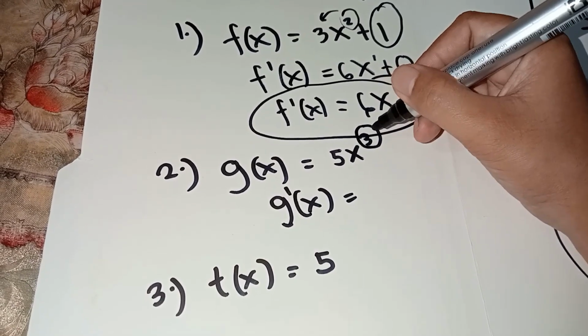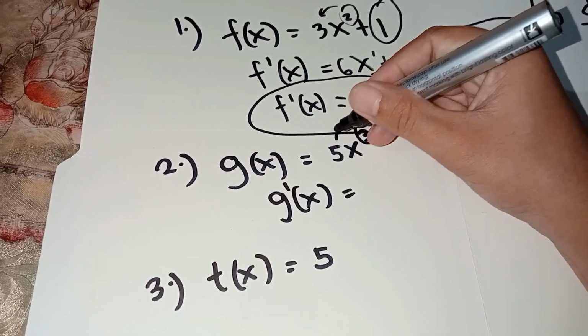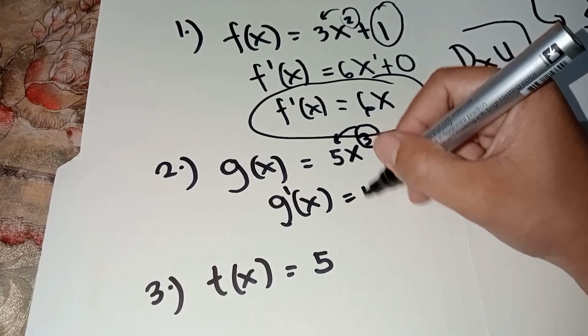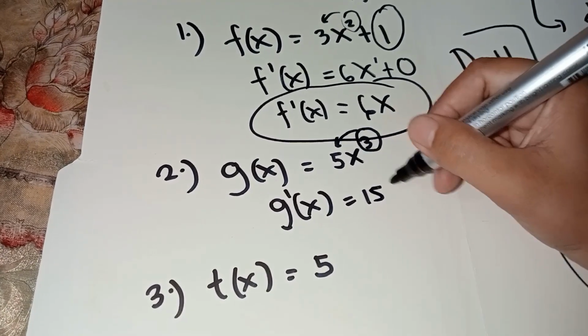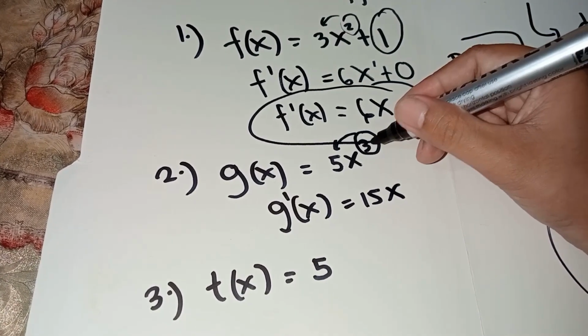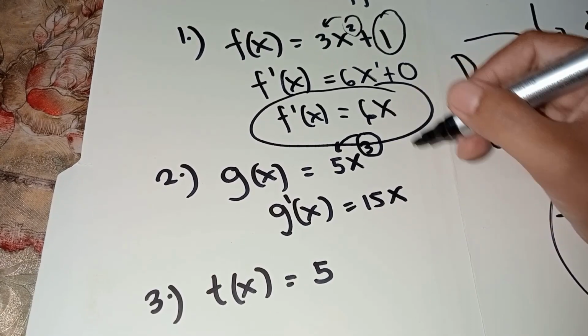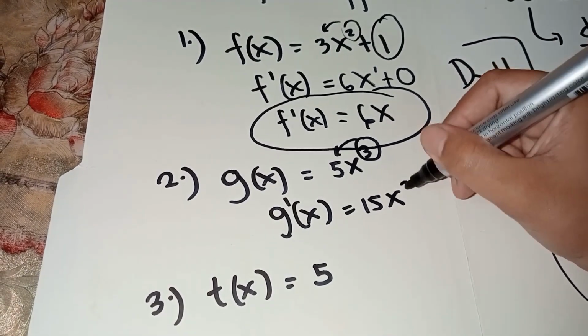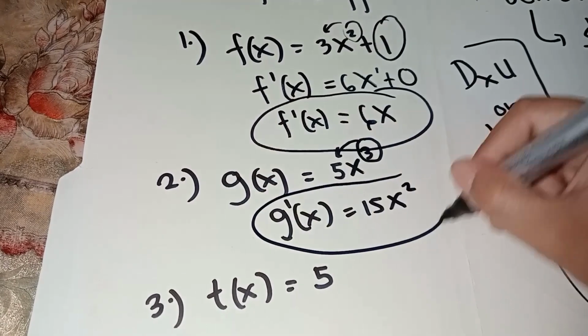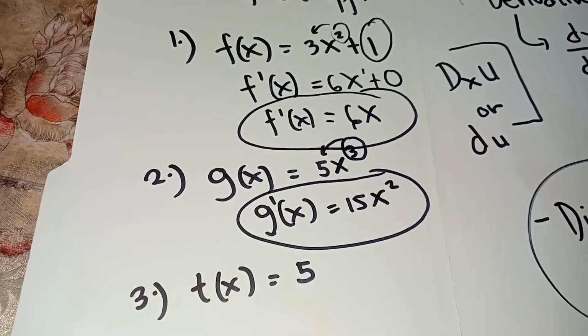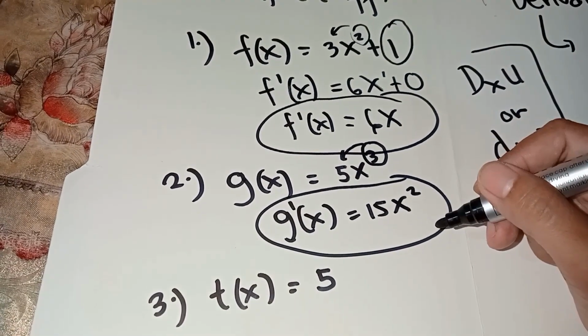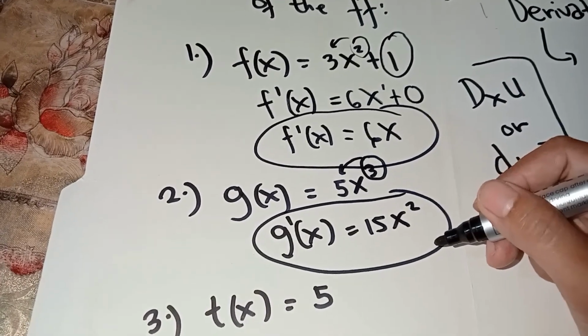We have 3. 3 times 5, we have 15. Then copy variable x, subtract the exponent by 1. 3 minus 1, we have 2. This is now our final answer. So, that is a shortcut way of finding the derivatives.